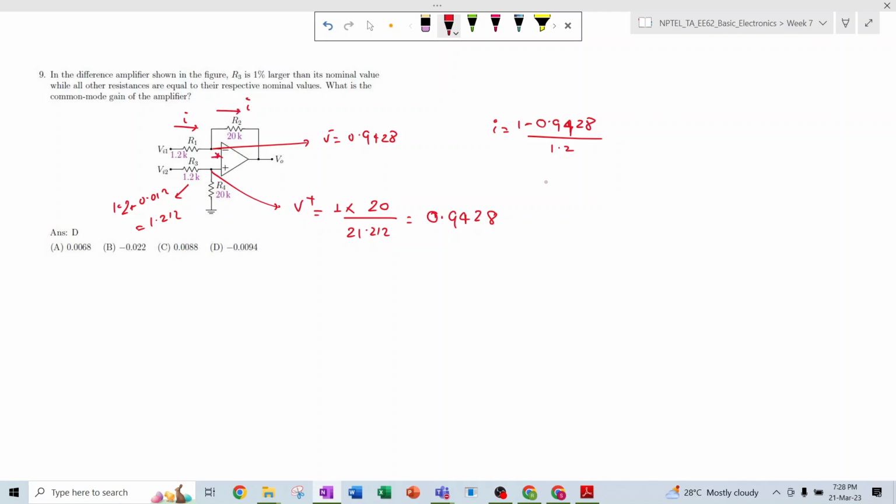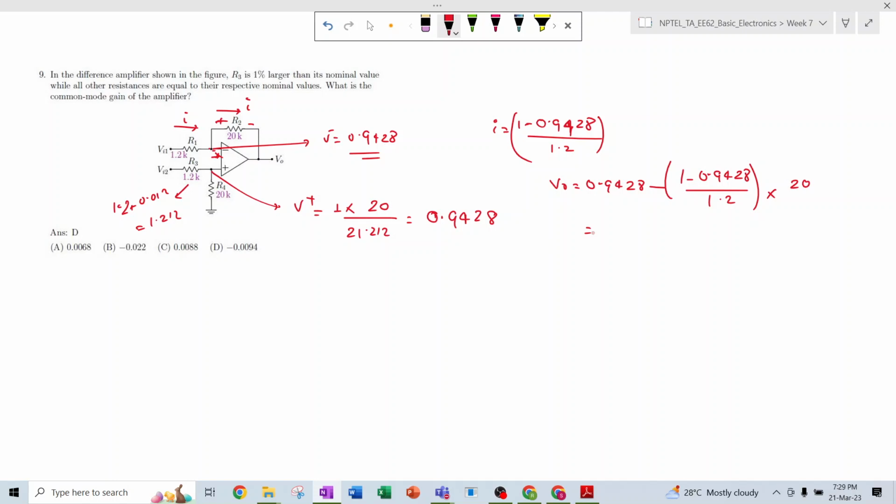So now this VO output will be this V minus voltage, 0.9428, minus, because this is the positive sign and this is the negative sign. This voltage minus this voltage equals VO. So minus this current, (1 minus 0.9428) divided by 1.2, multiplied with this resistance, 20.